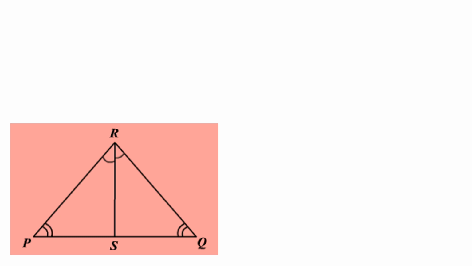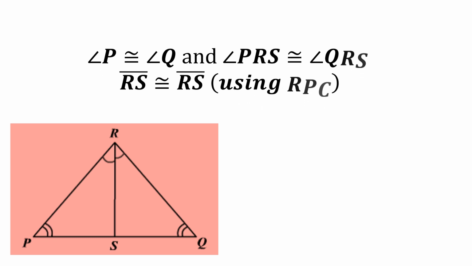Okay, second exercise. Angle P is congruent to angle Q, and angle PRS is congruent to angle QRS. And we have side RS is congruent to side RS using reflexive property of congruence.